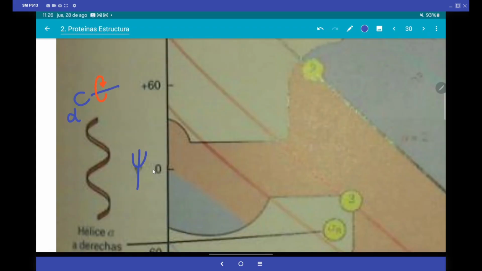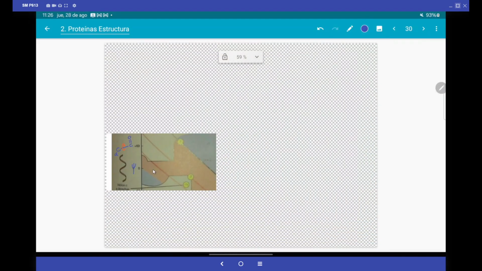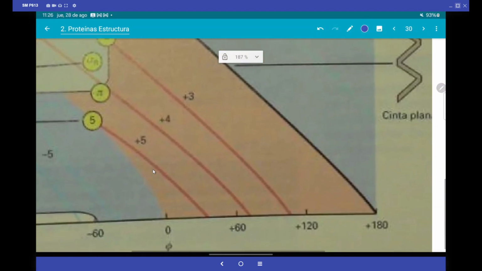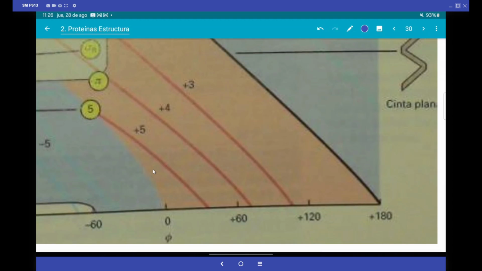Here, below, it says phi angle, so they are placed in that order. So this is phi, from alpha carbon towards the nitrogen.